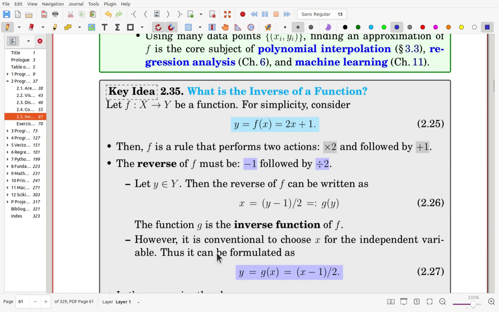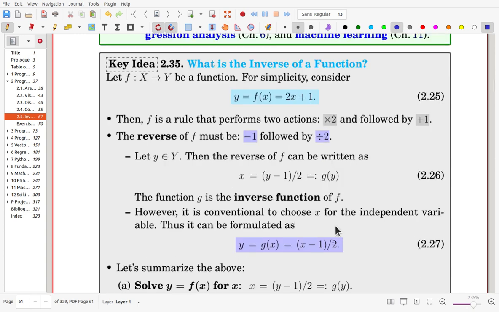However, it is conventional to choose x for the independent variable, so we interchange x and y. So from here, we get x minus 1 over 2 as g of x. This is the inverse function of f given here.